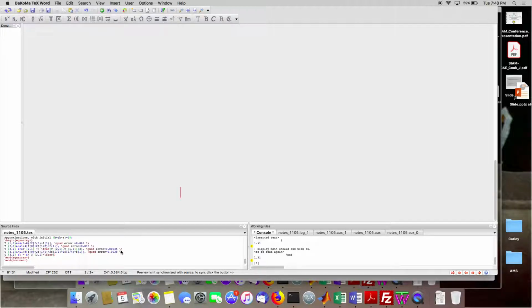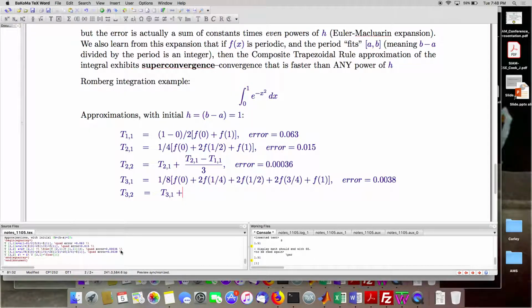I hate when I do fractions in LaTeX. It always just makes things completely disappear. So here in your table, you take the one to the left and the one above it. And that's what you extrapolate from.